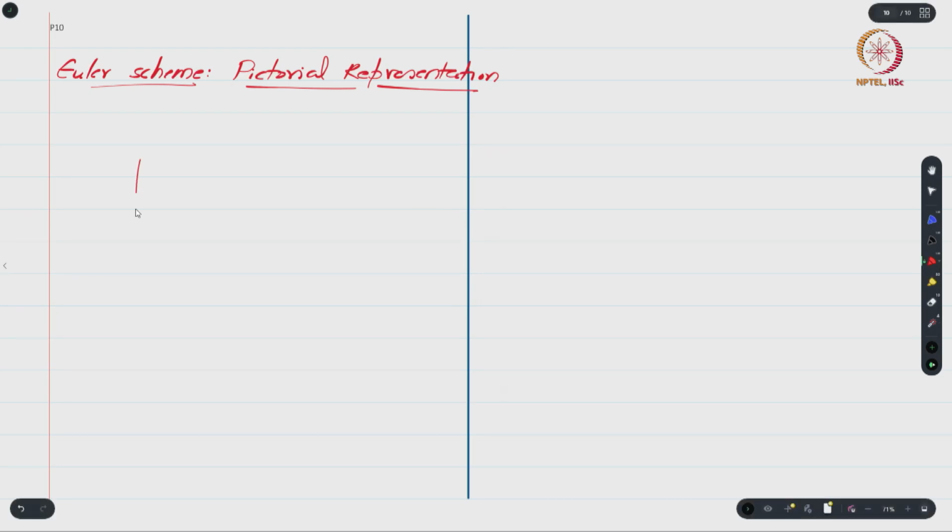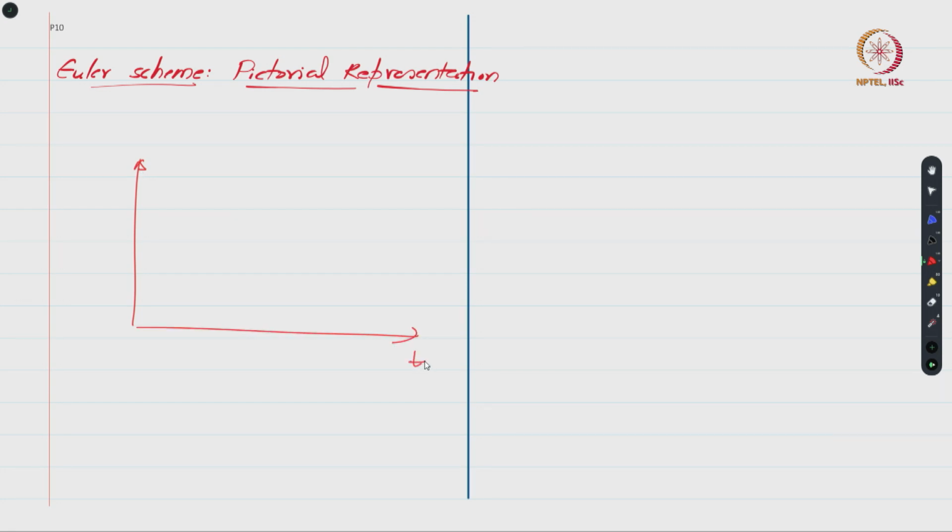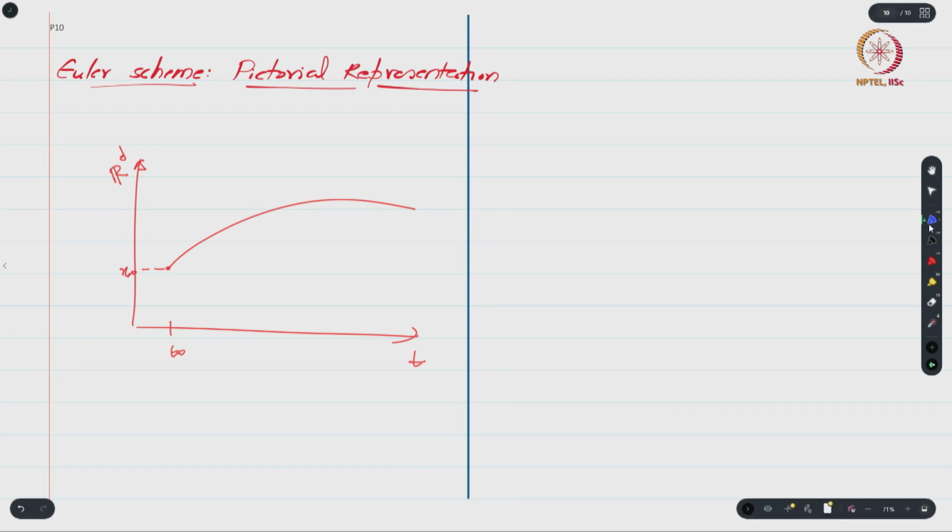So now let us look at a pictorial representation. What we will do is have time on the x axis, and for simplicity let us presume that your domain is over here, and let us say this is t0 and somewhere over here is your x0, right. And let us say the true solution trajectory is something like this, right. Now what the Euler approximation idea is, you start at x0 and compute something like this.